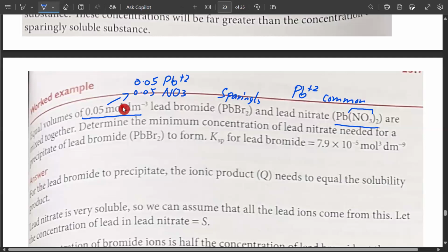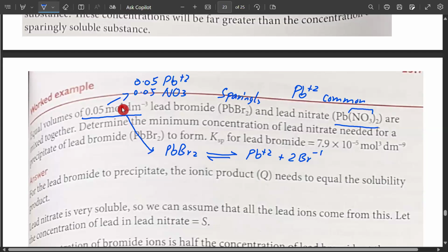But for the lead bromide, which is a sparingly soluble compound, it will be written as lead ion plus 2 moles of the bromide ions.